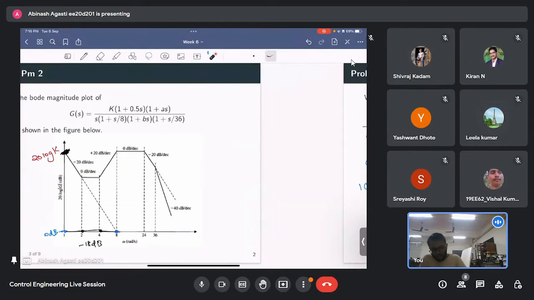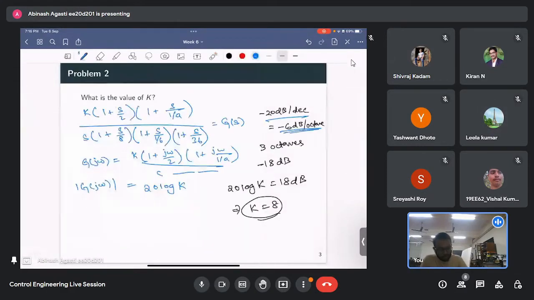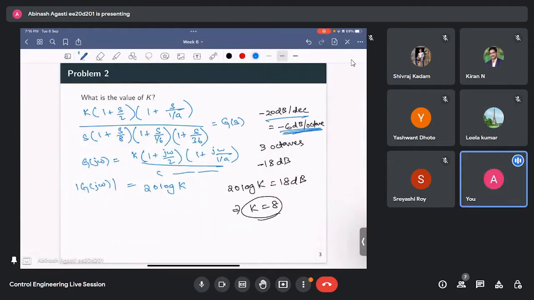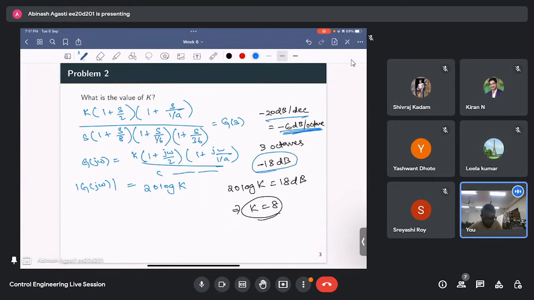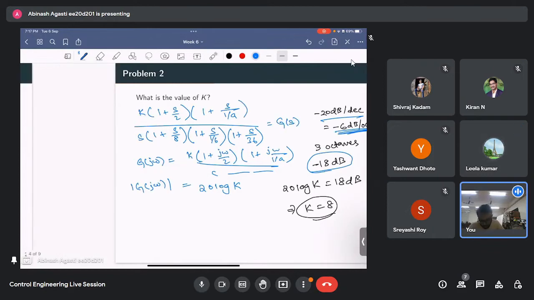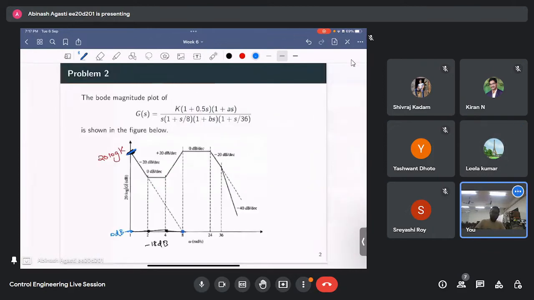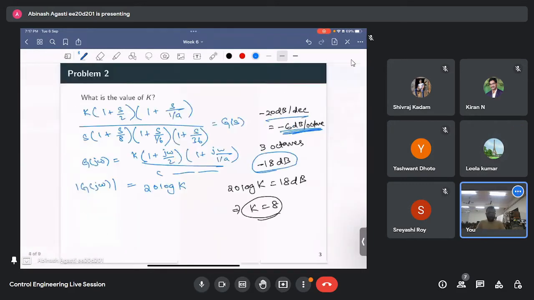If I have a slope of minus 6 dB per octave and I go 3 octaves, then the net drop will be minus 18 dB. So from 20 log K, if I drop 18 dB, I am reaching 0. That means 20 log K is equal to 18 dB.